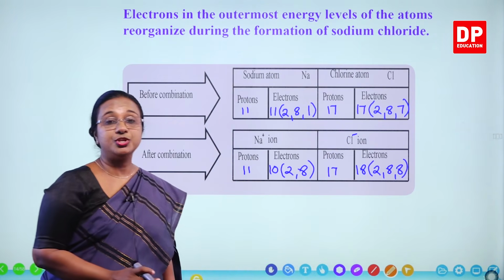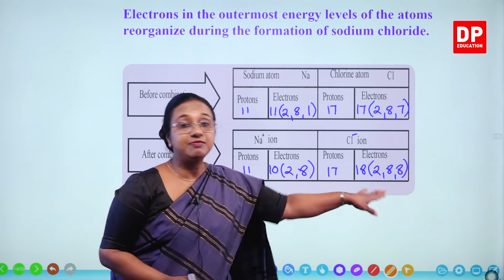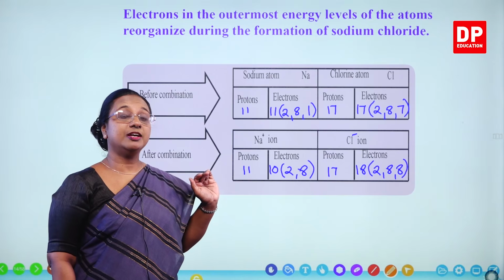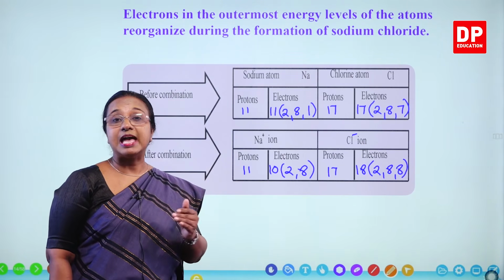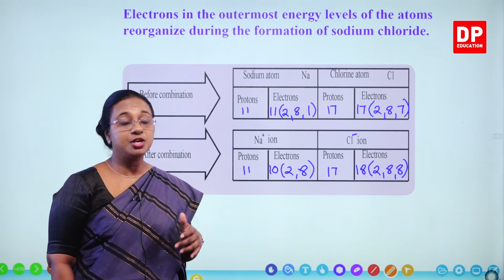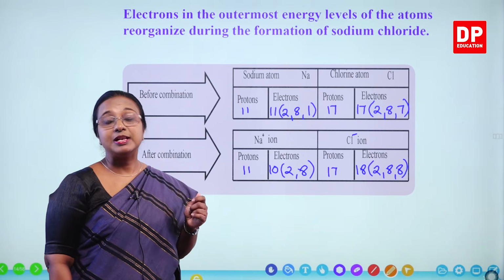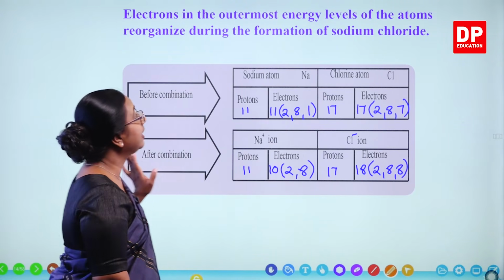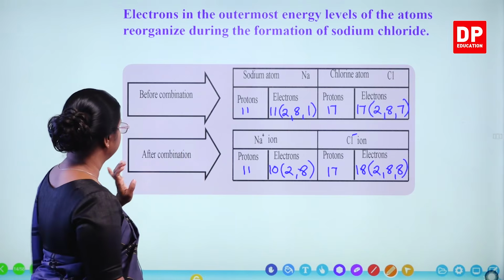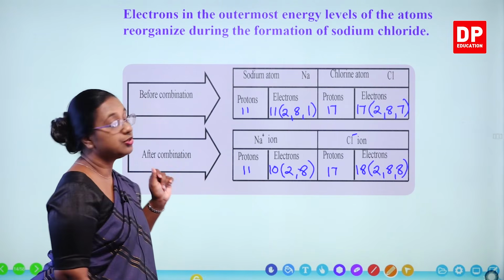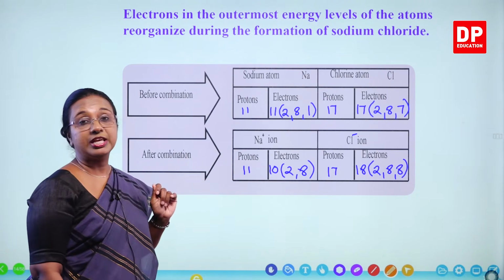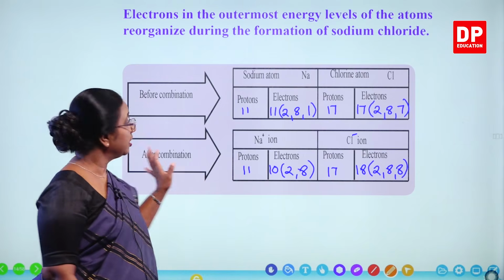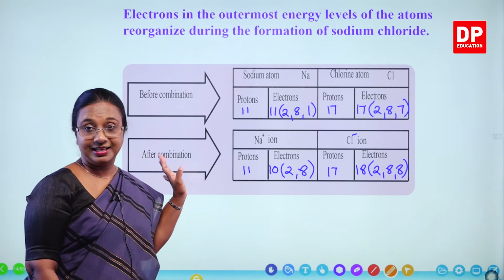So as I told you before, they have achieved the stable electronic configuration or the noble gas electronic configuration, or you can simply say noble gas configuration. So this is how electrons rearrange themselves or reorganize during the formation of sodium chloride. I am sure you can understand that clearly.